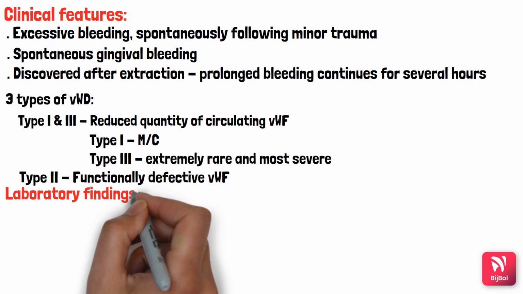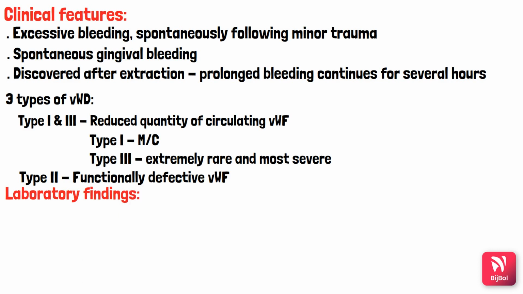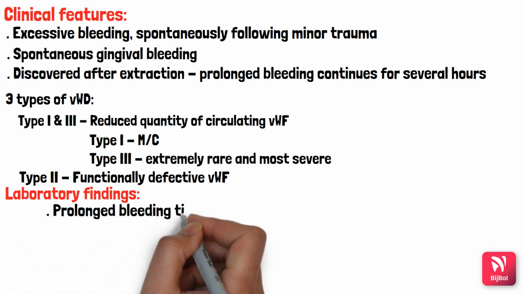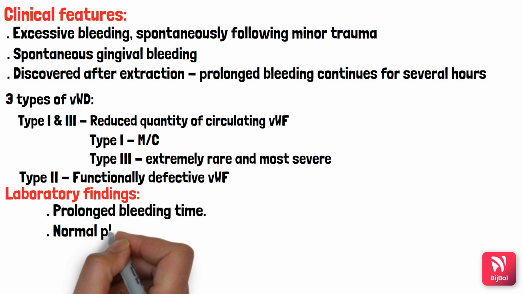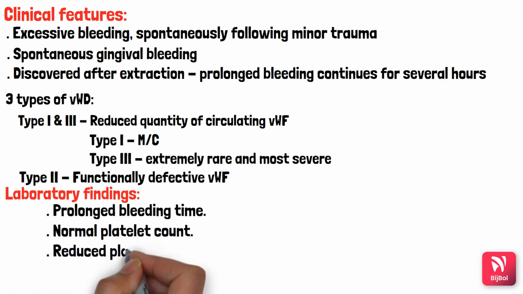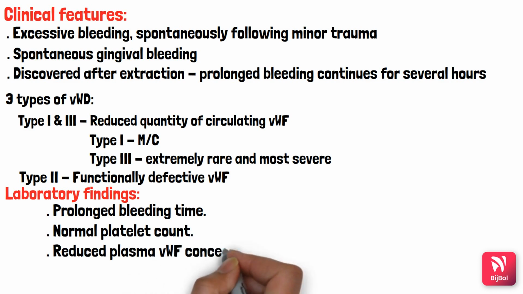Now we'll see the laboratory findings of von Willebrand's disease. As here it is a defect of platelets, that is, it is not causing the platelets to aggregate, bleeding time will be prolonged, but clotting time will be normal because there is no clotting factor deficiency.